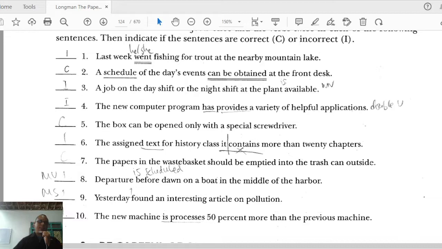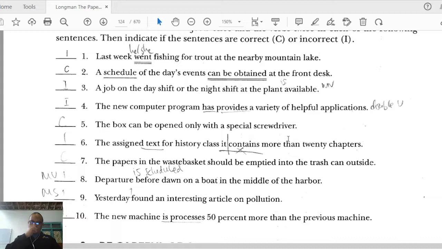So number 5, the box can be opened only with a special screwdriver. Oke, ini ada subject, ada verb, ya. Nah, this is correct ya, karena ada subject, ada verb, ya. The next one here, the assigned text for history class, it contains more than 20 chapter. The assigned text ya, ini incorrect ya.